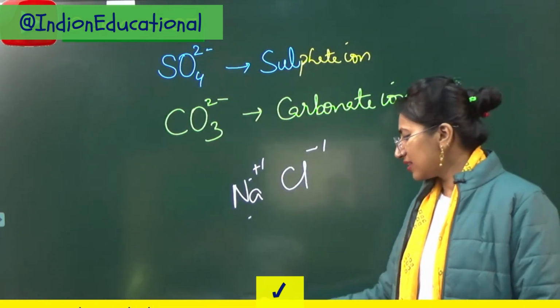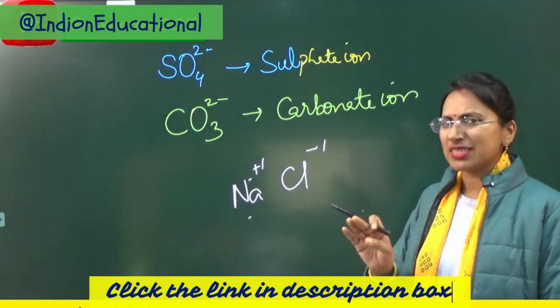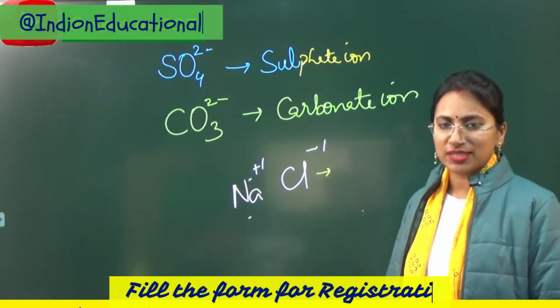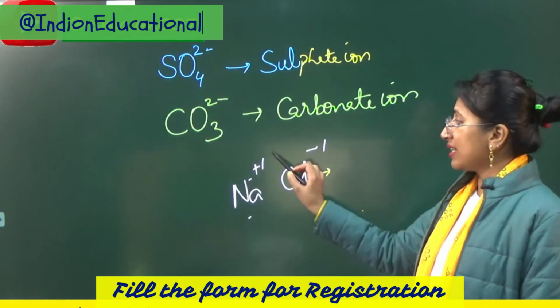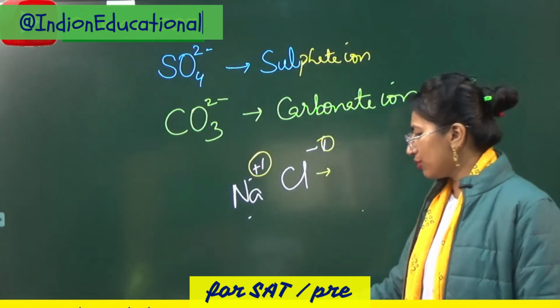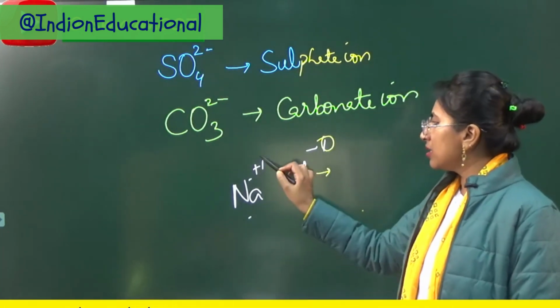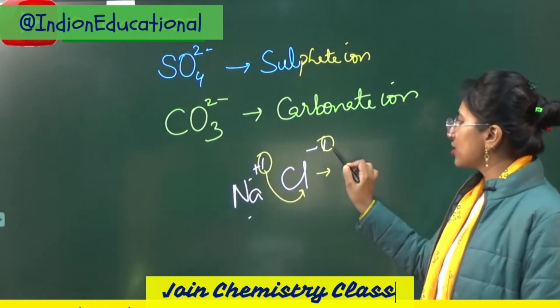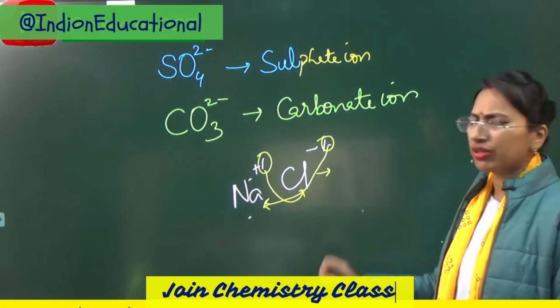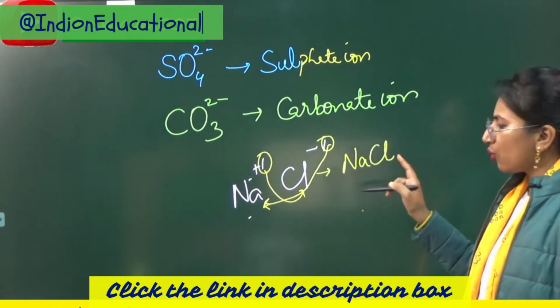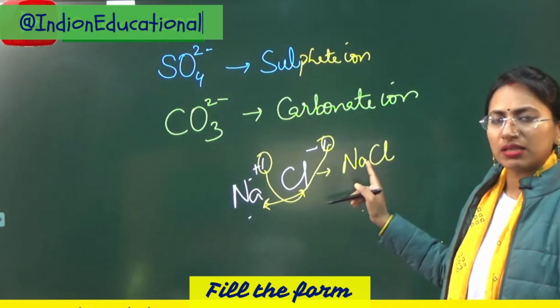What is crisscrossed is simply the magnitude of the charge. If it is 1, we don't need to write it. It already means a single Na and a single Cl are present.